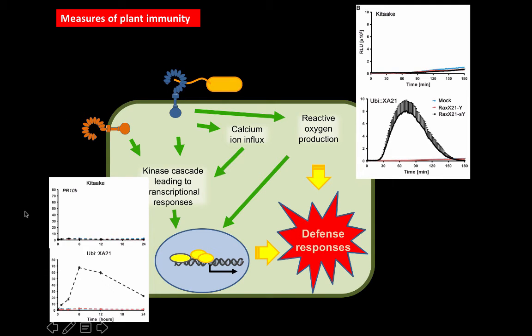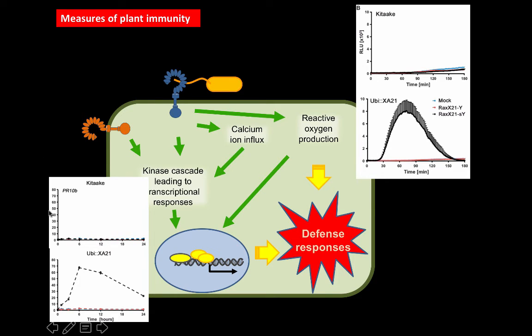And another defense outcome we can measure, again, is defense gene expression by quantitative RT-PCR, reverse transcription. In this, we measure the expression of genes which we know are related to the defense outcome.